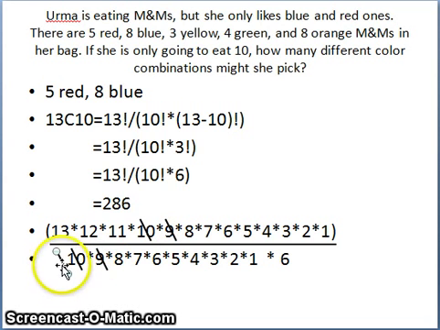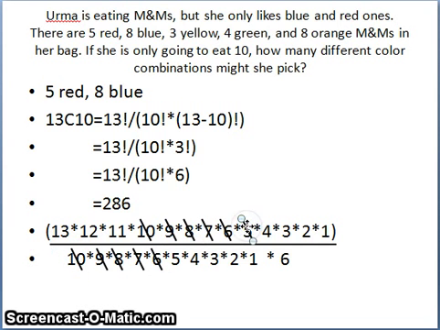And I have an 8 on top and an 8 on the bottom. I have a 7 on top and a 7 on the bottom. I have a 6 on top and a 6 on the bottom.